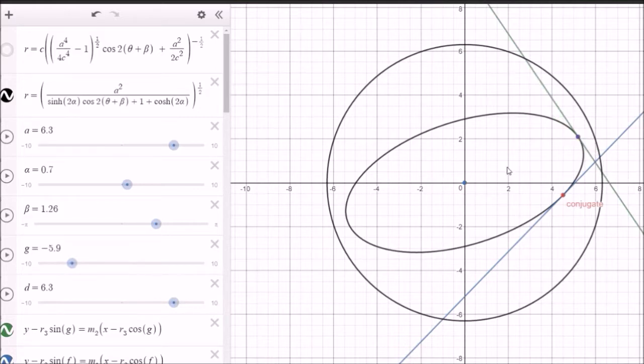This angle here is the angle between the two conjugate points. Say that's point A and that's point O, then that's point B. So the angle AOB is the angle between both of these conjugate points.